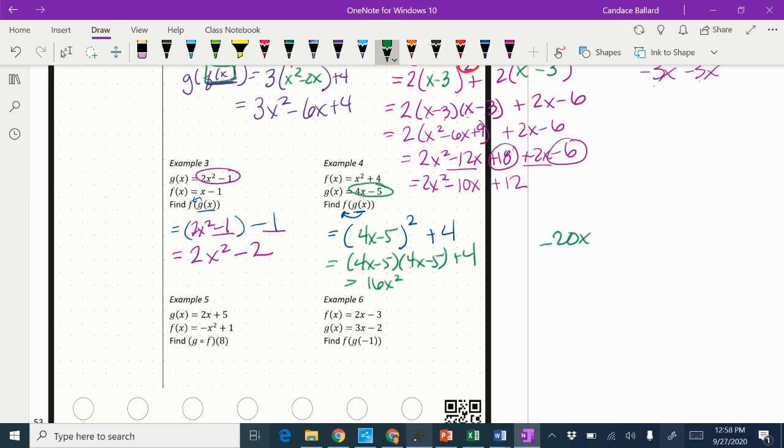Another negative 5 times 4x is another negative 20x, so negative 40x. Negative 5 times negative 5 is positive 25 plus 4. So I end up with 16x squared minus 40x plus 29.